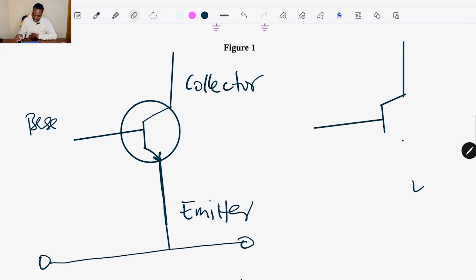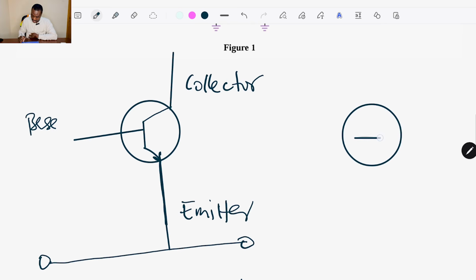Common collector in that case. Okay, let me move it. Okay. We just maintain a common base. Again, we have our electrode here.